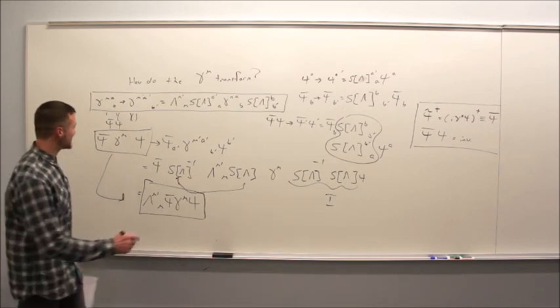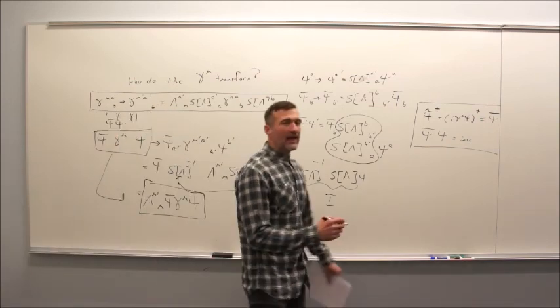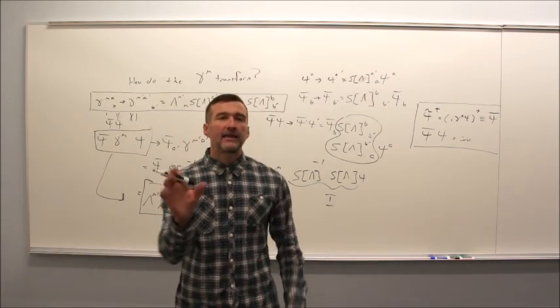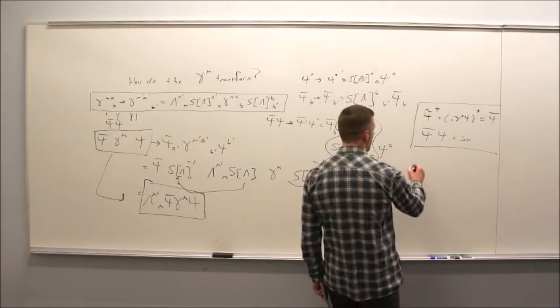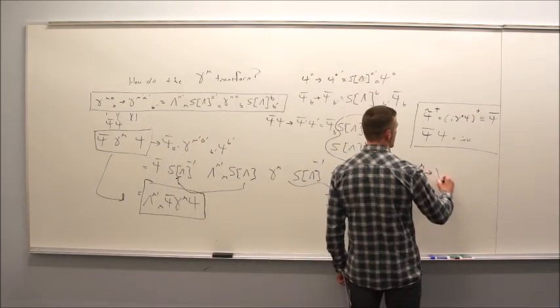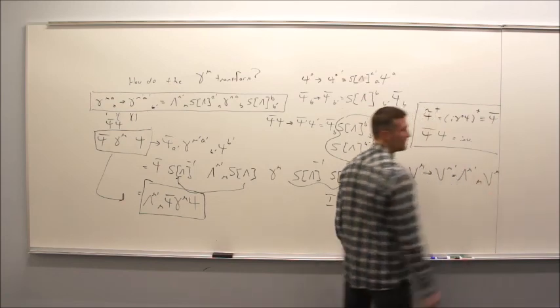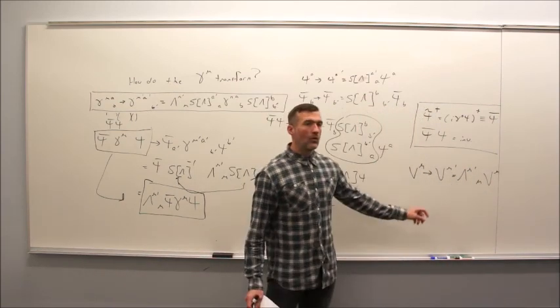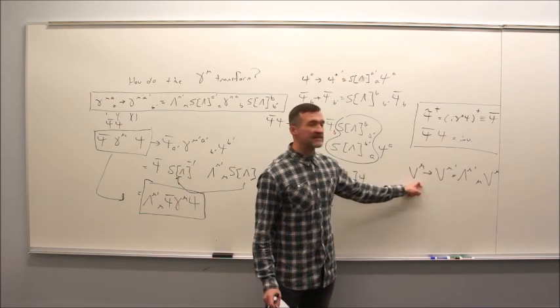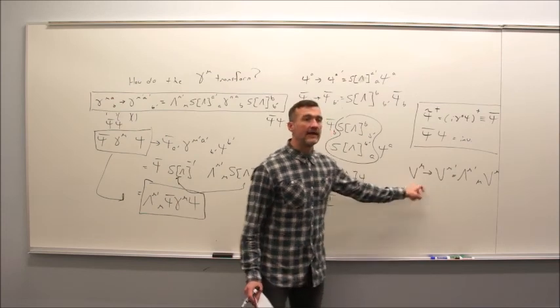Okay, I will give you guys a hint. If we're identifying things by how they transform, I've seen a transformation rule that looks like this. I'm asking you, what is this thing? That would be a vector. That's a vector.